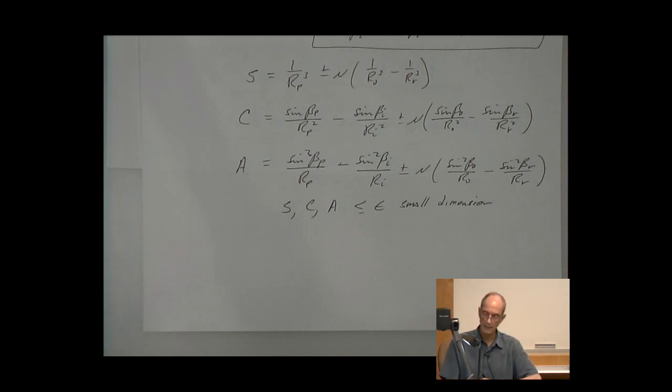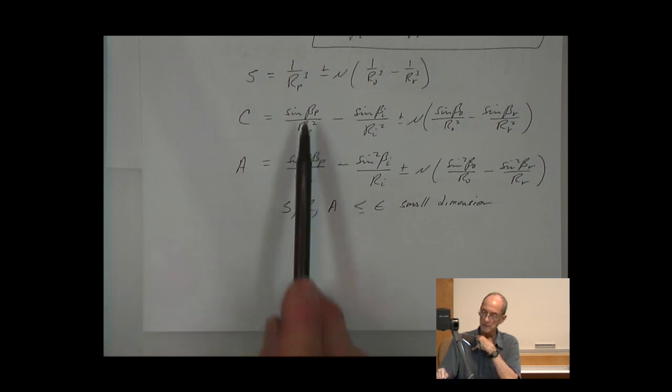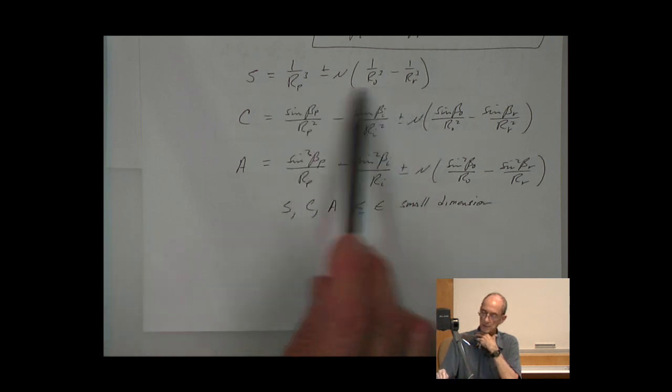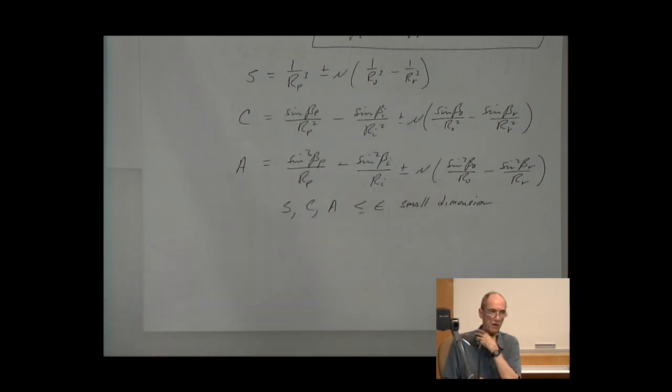And as well, you can see in each of these relations we have really a set of point source hologram locations that are given by these various subscripted values for r and beta.